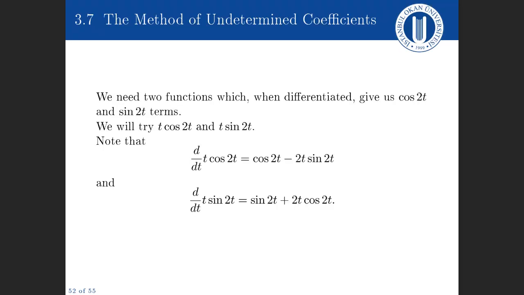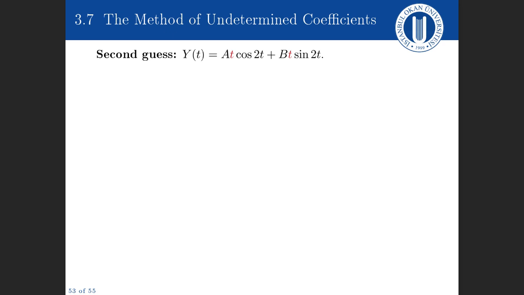Why? Because when we differentiate these two functions, we do get cos 2t and sine 2t terms, and some extra terms. We hope that the extra terms will cancel. So, second guess. Now I want to guess that the particular solution is at cos 2t plus bt sine 2t. That's the previous guess, but multiplied by t.